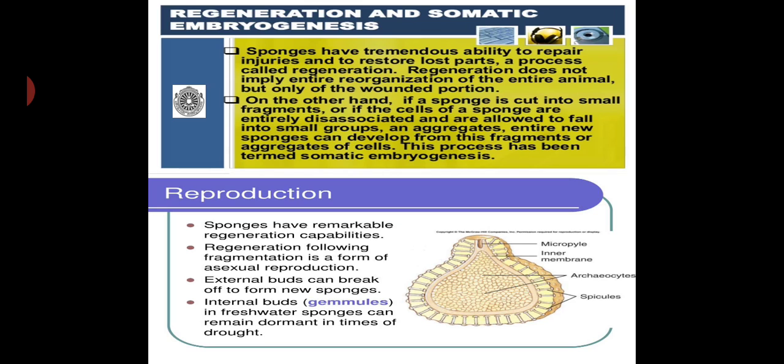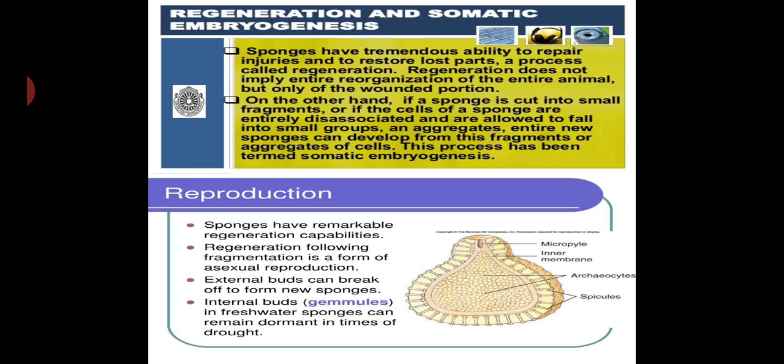Sponges have tremendous ability to repair injuries and to restore lost parts, a process called regeneration. So regeneration does not imply reorganization of the entire animal, but only of the wounded portion.